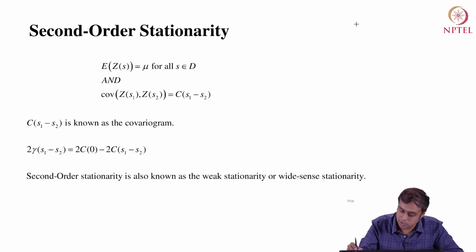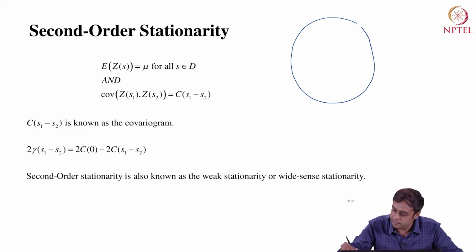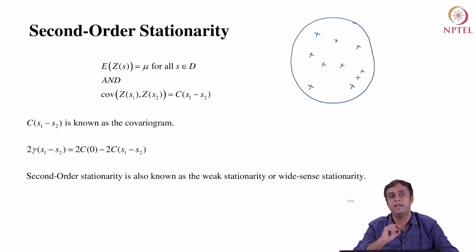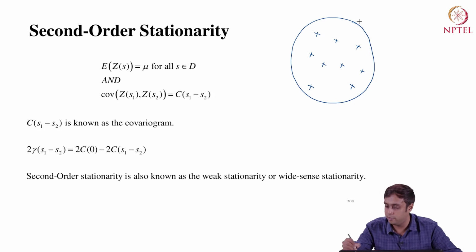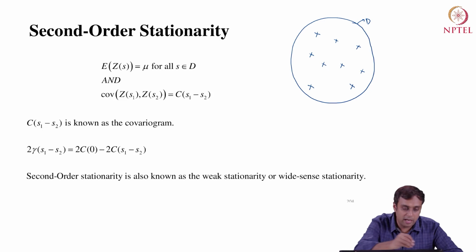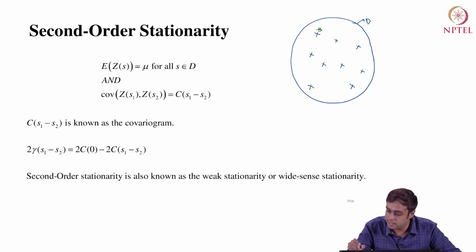Well, let us just draw our domain D again and think about data samples from the locations represented by these crosses in domain D, right. Let us say we are looking at location s and location s plus h, right. I can also call this s1 and I can also call this s2, right.